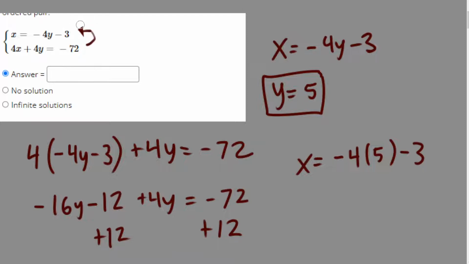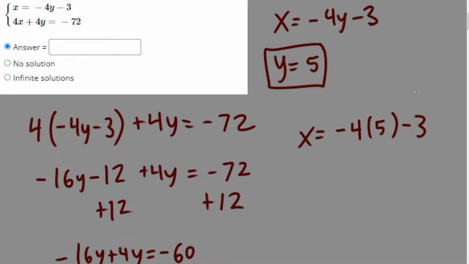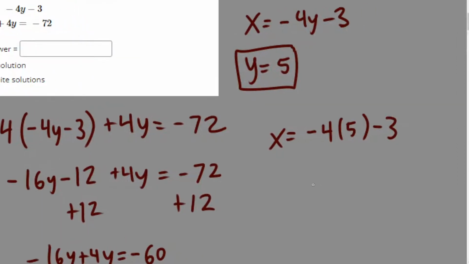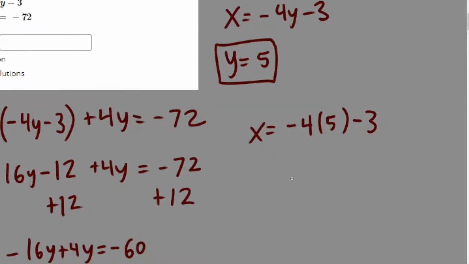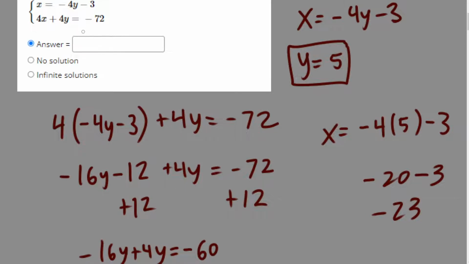You want to go to the opposite one, the one that you haven't worked with yet, because you want to make sure it works for both equations. So we have x is equal to negative 4 times 5, which is negative 20, and then minus 3, which is negative 23. And so our answer, and they want it in a coordinate pair, is going to be negative 23, comma 5.